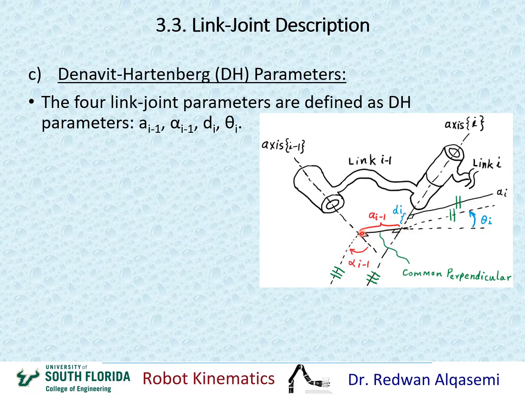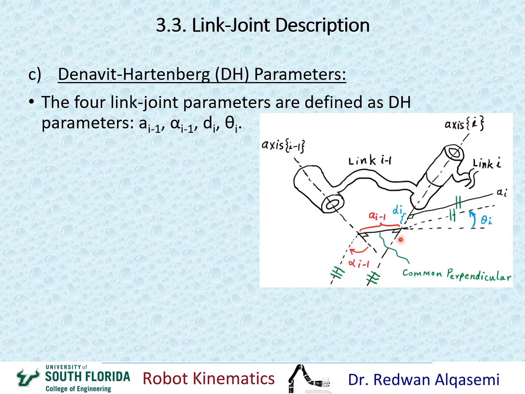Then if I take axis i-1 and axis i and just shift one along the common perpendicular line, so basically this line is the same as this, and then measure the angle between axis i-1 and axis i, that angle will be the twist angle, alpha_{i-1}, that we see right here.